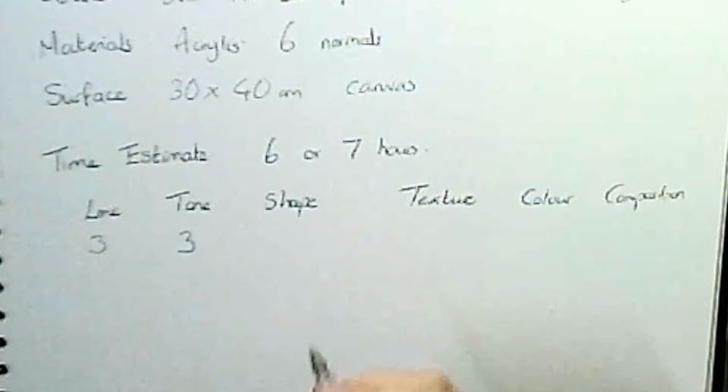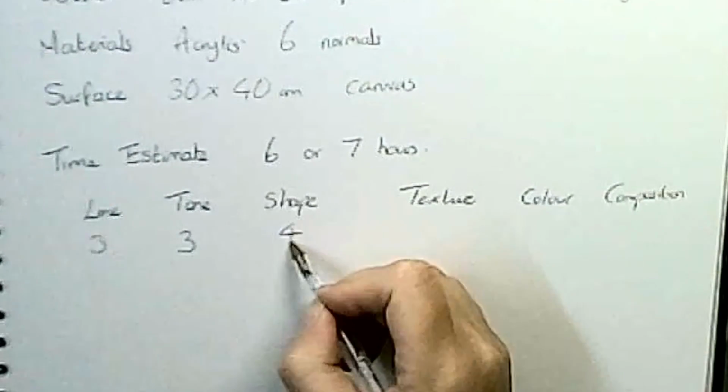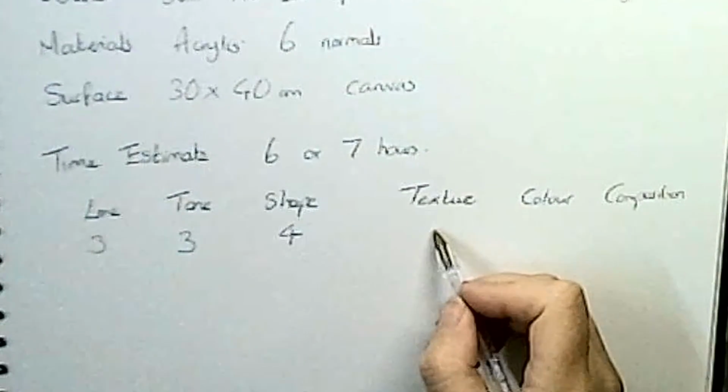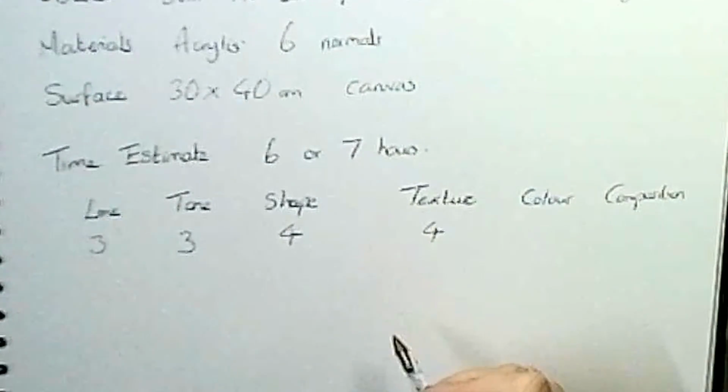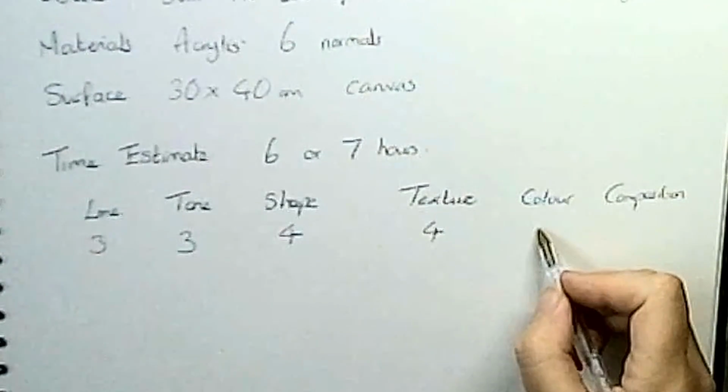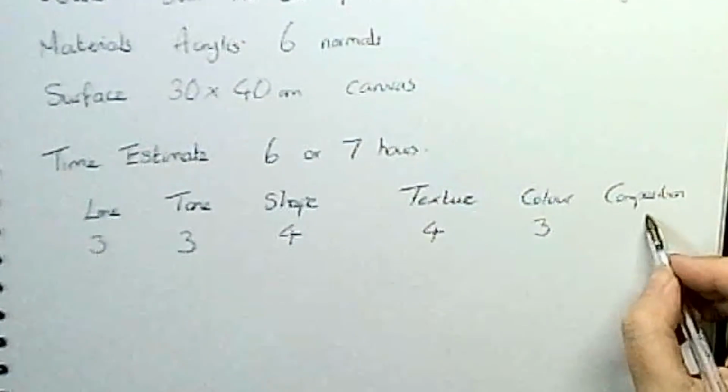It's all about the composition. 4, texture. 4, colour. 3, and the composition. 5. This one is all about the composition, how it works together. That's what's telling the story.